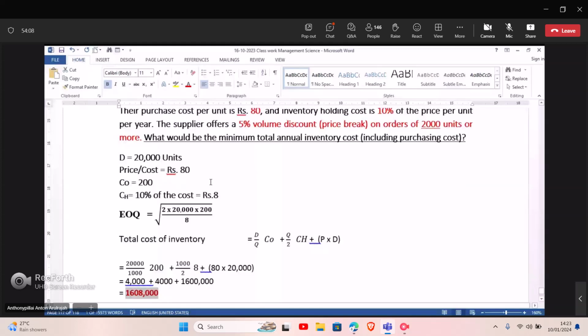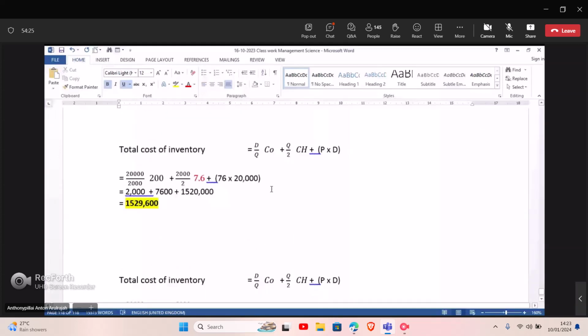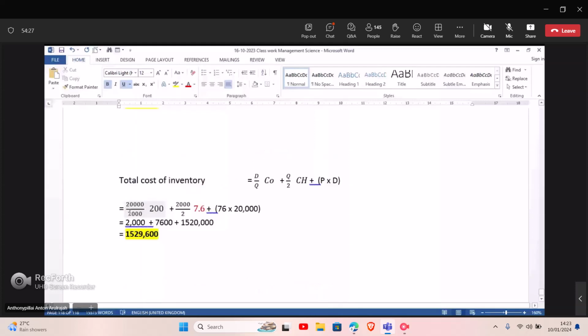But here they say the supplier offers a 5% volume discount on an order of 2,000 units. Now the order quantity is given as 2,000, so Q is 2,000 here. At this point, many of you have made mistakes, so be careful.